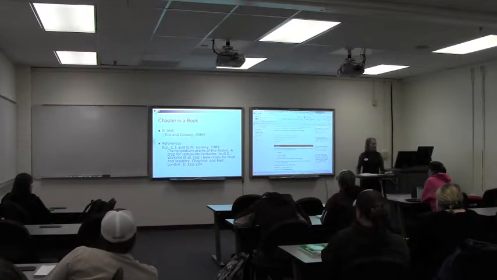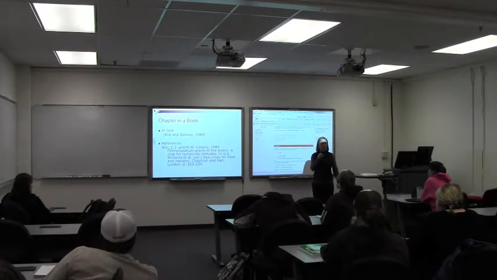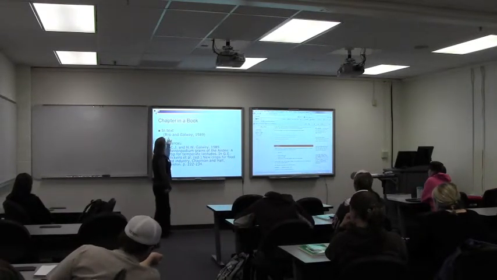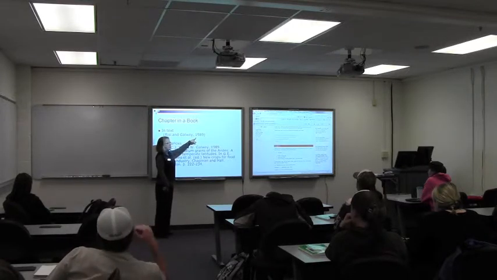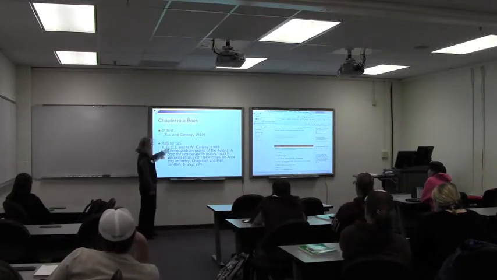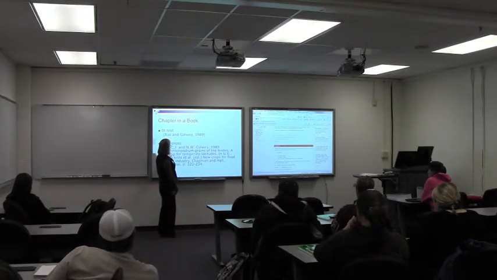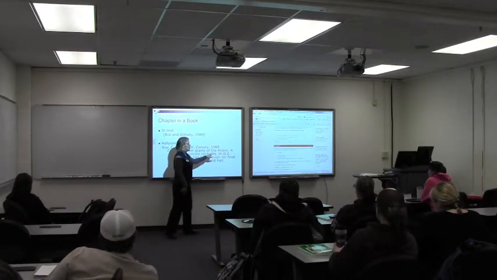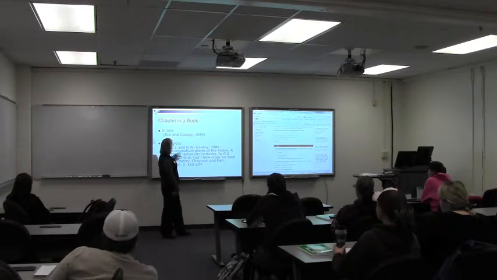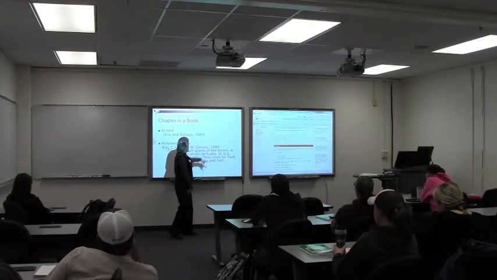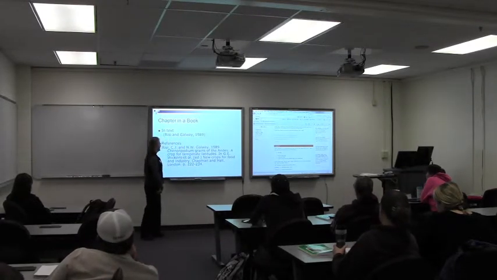Okay. Sometimes you take a chapter out of something. You don't read the whole thing. You might have a chapter in a book. There's a way to do that. This has 2 authors. Reese and Galway, 1989. That's in text. Okay, you can see that. This is the title of the section of the work. So they wrote this thing on Chenopodium grains of the Andes, a crop for temperate latitudes.